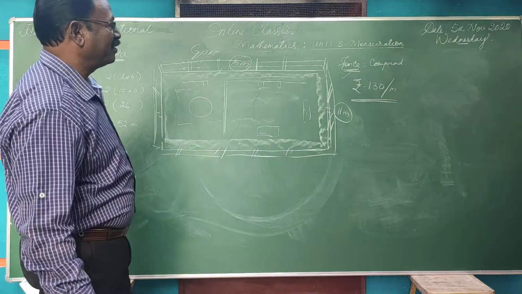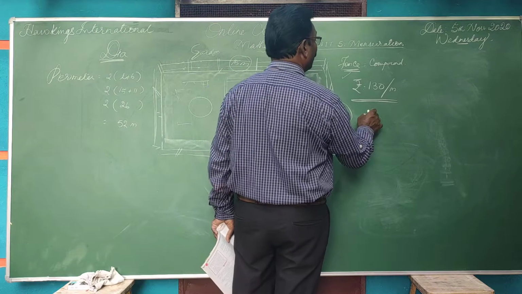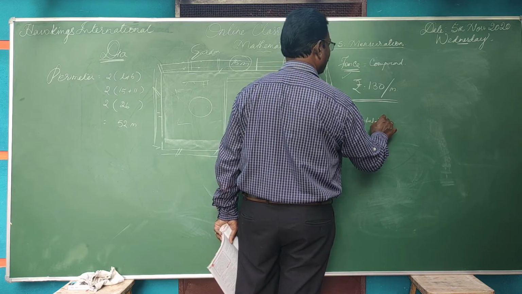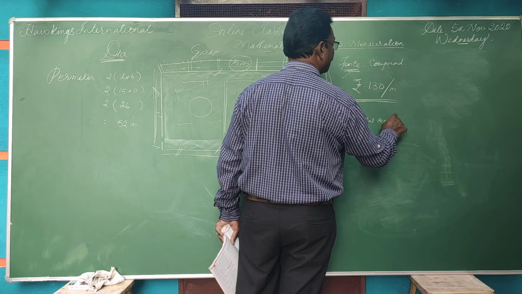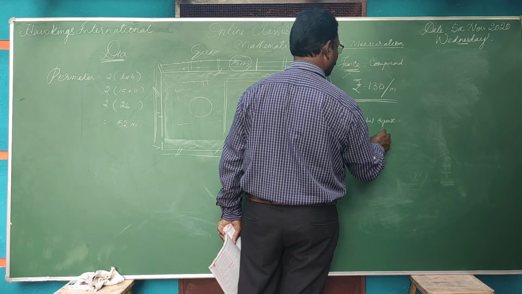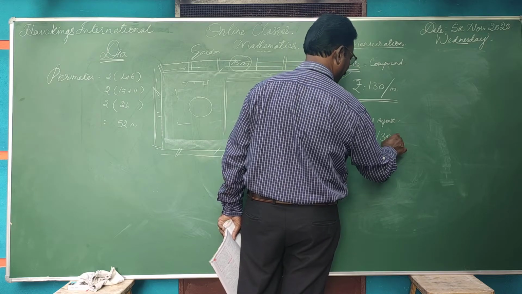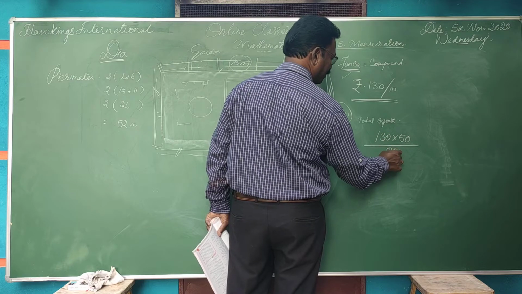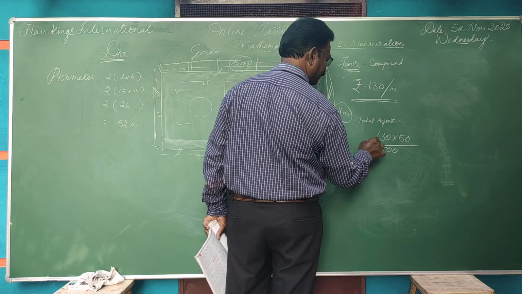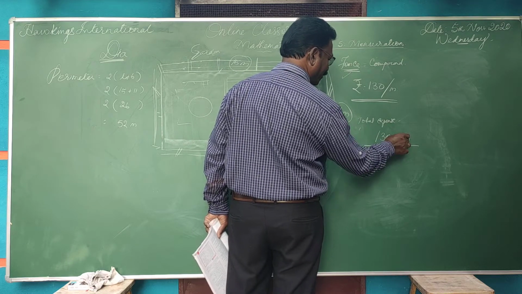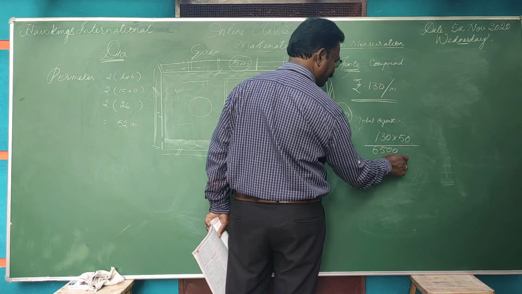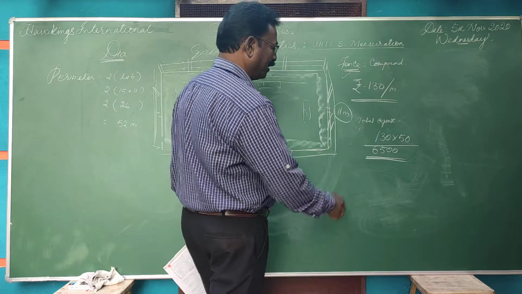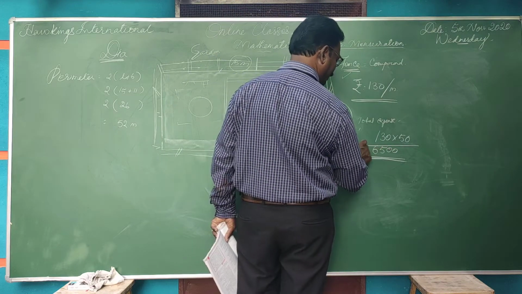What about for 52 meters? Multiply for 52 meters. So total expense is equal to 130 into 52 meters. 2 zeros are added. 3 5s are 15, 1 remaining. 5 ones are 5 plus 1, 6. 6,500 rupees.